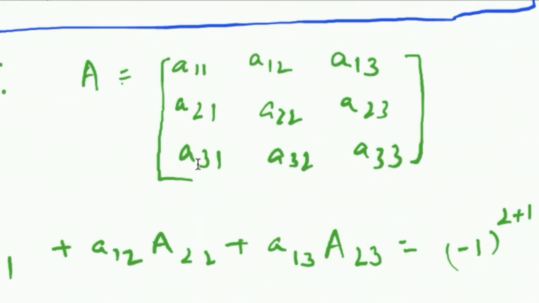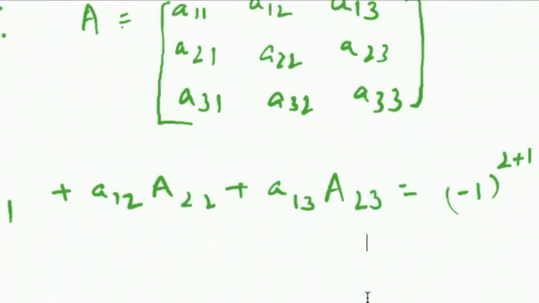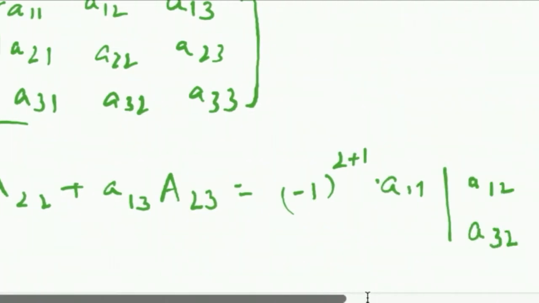We hide this column and hide this row. Corresponding cofactor will be -1 raised to power 2 plus 1 A11, and the corresponding cofactor will be like this: A12, A13, A32, A33.